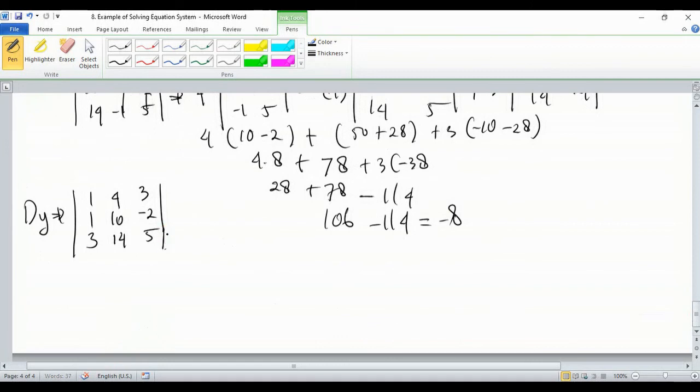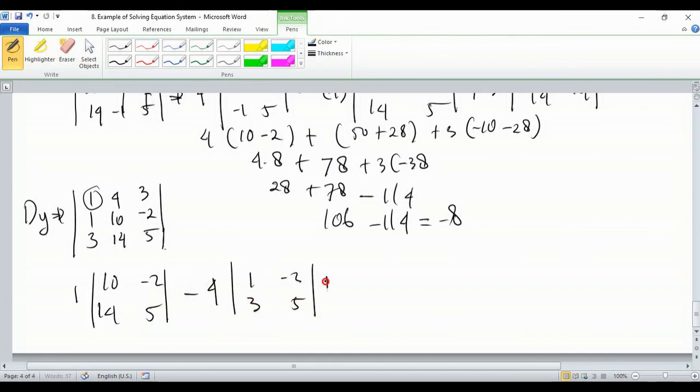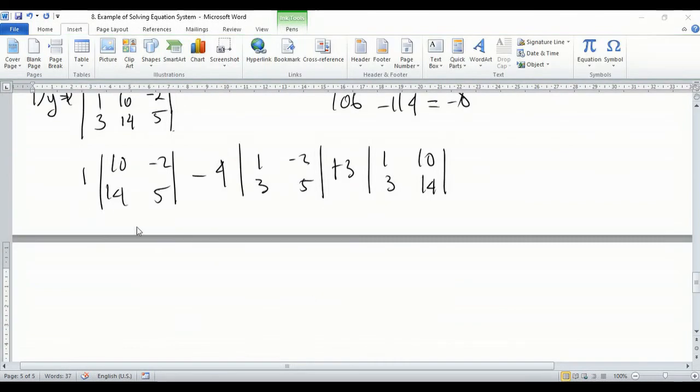Okay, so from here, let me times 1 with 10, minus 2, 14, 5, and then minus 4 with the 1, minus 2, 3, 5, with the 3 with the 1, 10, 3, 14. So let me add some. Okay, now we continue.